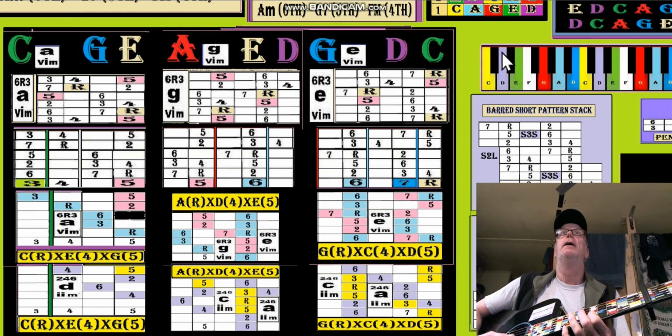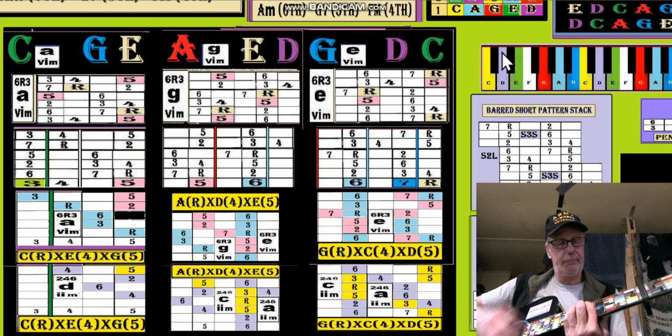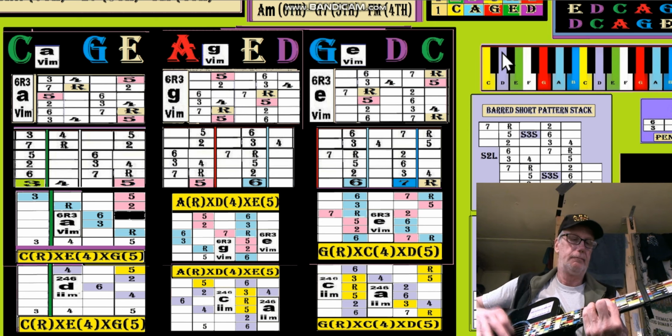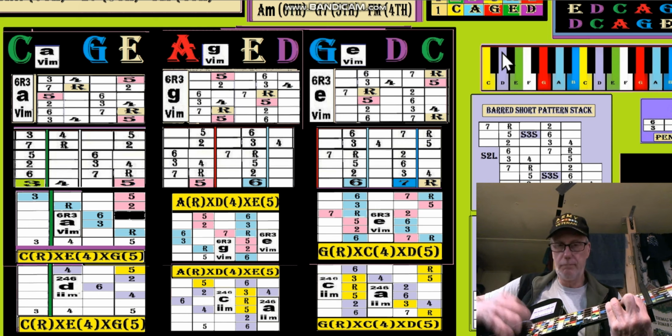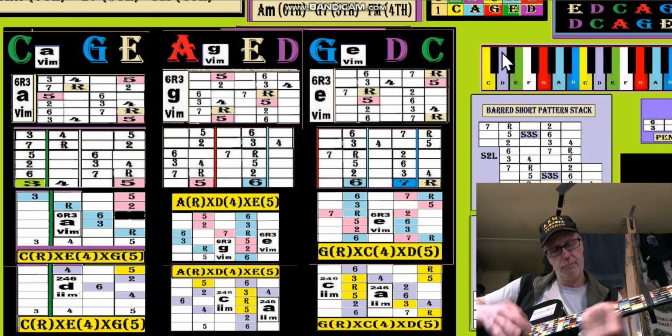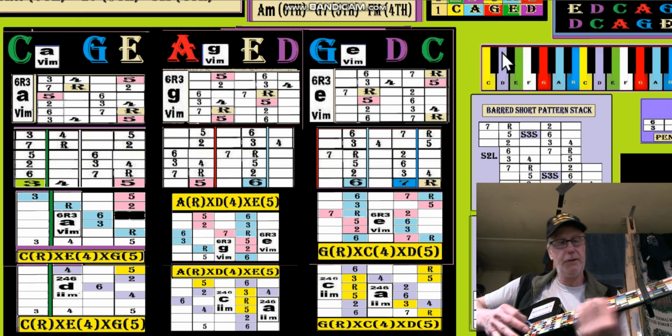Okay, so it kind of ends there. It goes like, then you can drop it down so you can go.